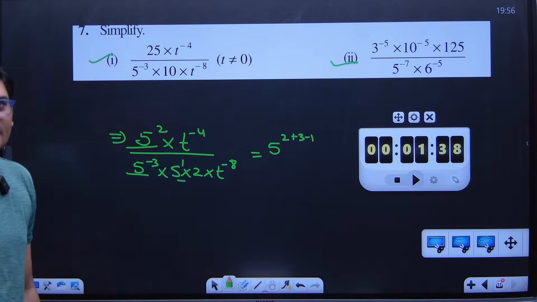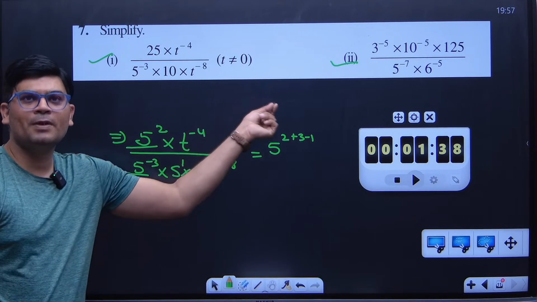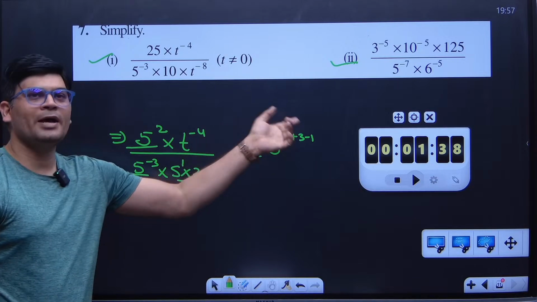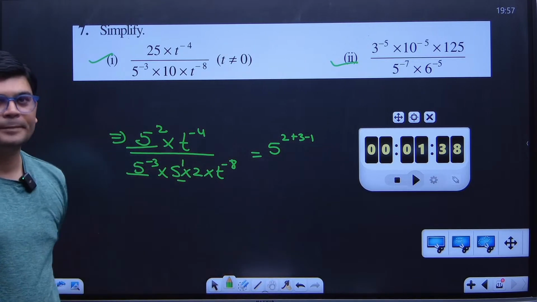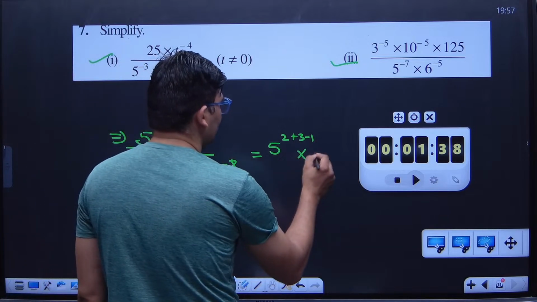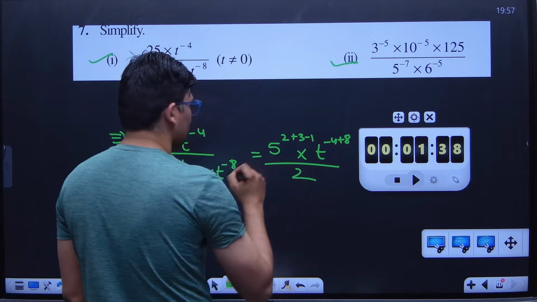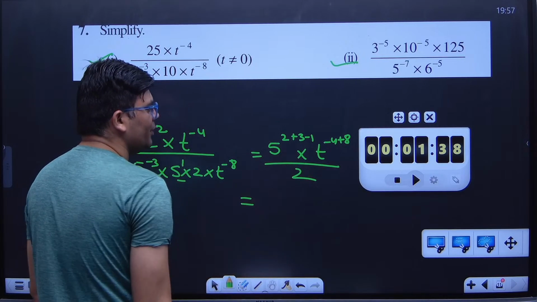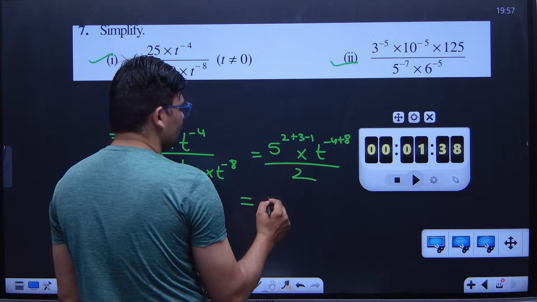So it will become 5 raised to the power 2 plus 3 minus 1. In one step I can write: see this, 5 raised to the power 2, this minus 3 has become plus 3, and this 1 has become minus 1, according to the seventh law as well. Then into 3 raised to the power minus 4 plus 8 divided by 2. Now is it easier for you to evaluate? So 2 plus 3 is 5, 5 minus 1 is 4.